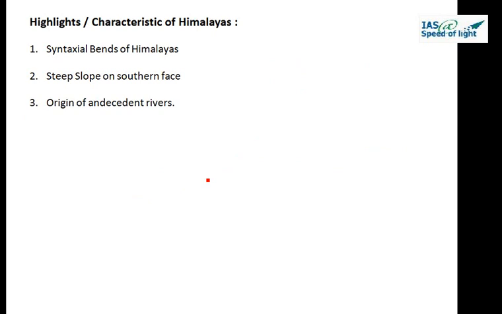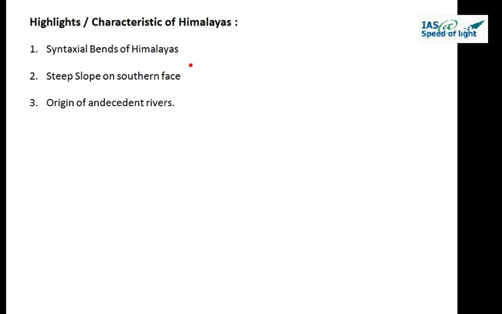Now, after studying these three north to south divisions of the main Himalayas, let us see some of the highlights or characteristic features of the Himalayas. The first one is the syntaxial bend of the Himalayas. What happens is that the general east-west trend of the Himalayas terminates suddenly at its western and eastern extremities.